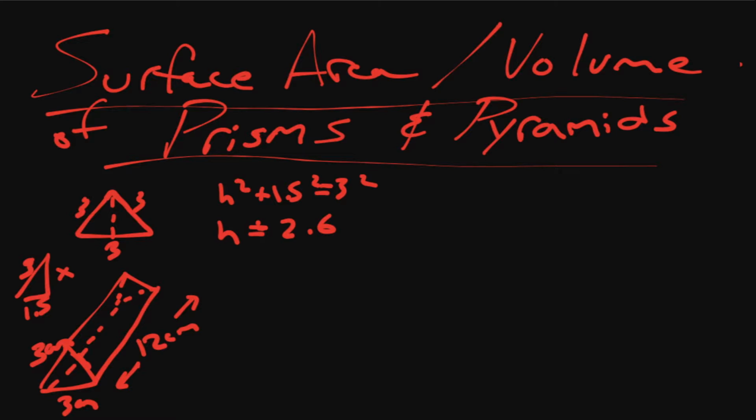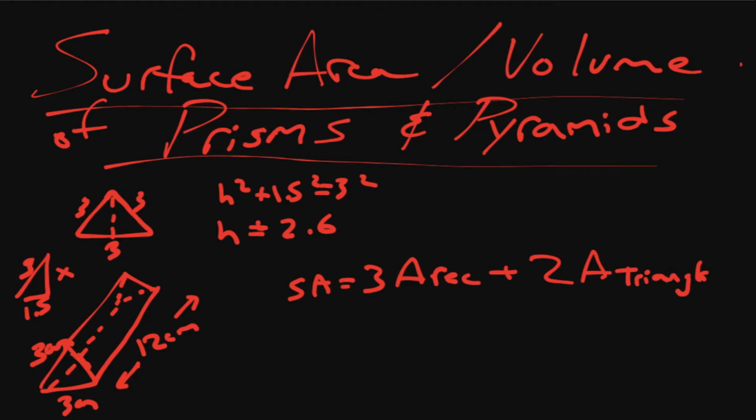I'll put this. So now we know that this triangular prism has 3 rectangles, each 3 centimeters by 12 centimeters. So the surface area is equal to 3 times the surface area of the rectangles plus 2 times the area of the triangles.